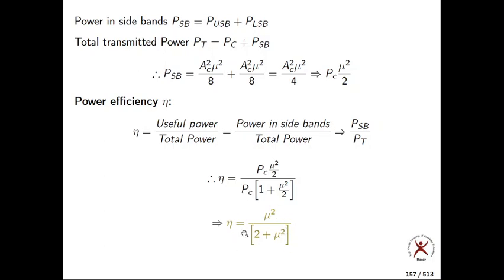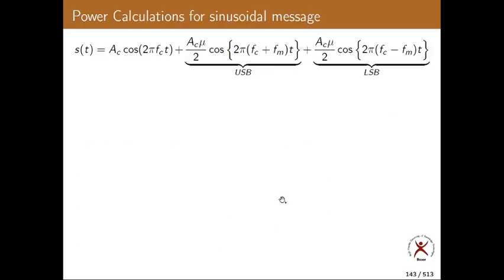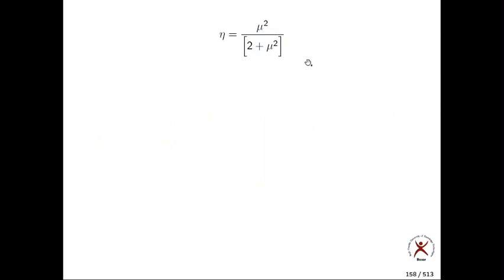In general, the power efficiency we have seen just now is this one. Here Pm is the power of the message signal, and the message signal can be any arbitrary message. So this is the power efficiency for a sinusoidal message signal.